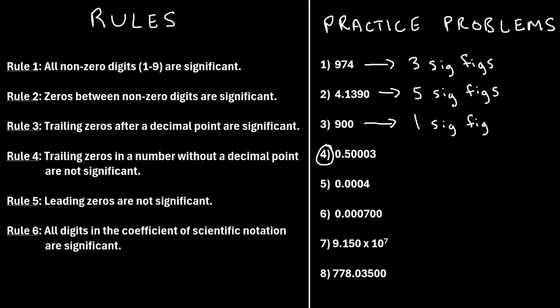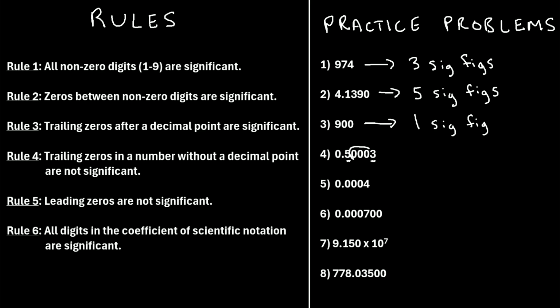All right, moving on to example number 4, we have 0.50003. How many significant figures are there in this number? So let's consider this first 0 right here. According to rule number 5, leading zeros are not significant. So a leading 0 is just a 0 at the very beginning of a number. So this leading 0 is not significant. Now we know that the 5 and the 3 are both significant just because they're non-zero.